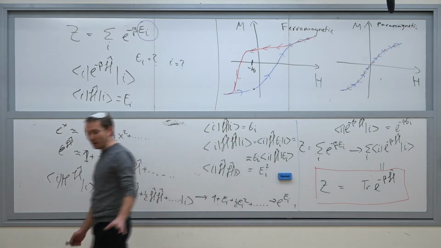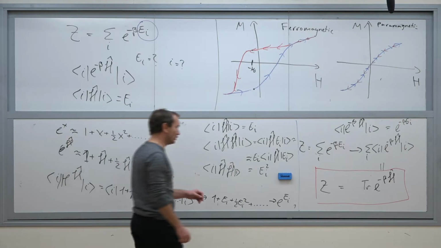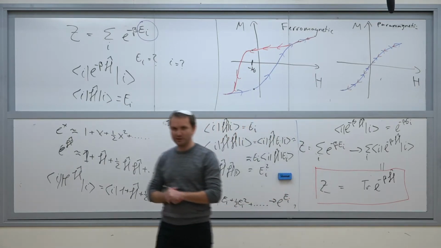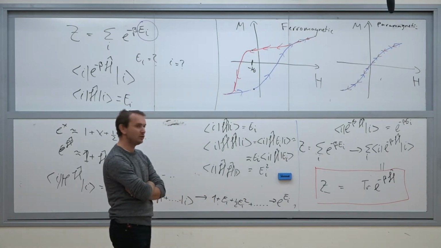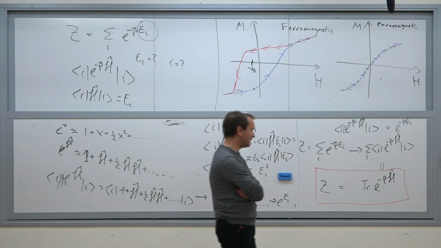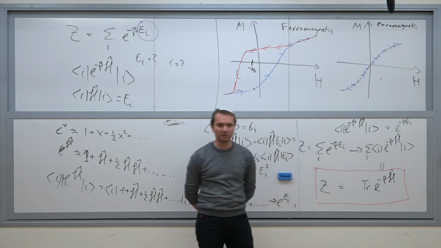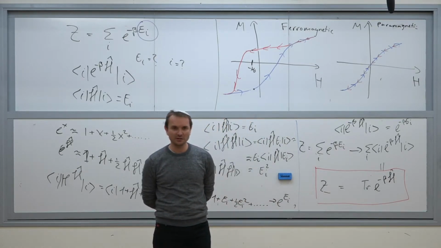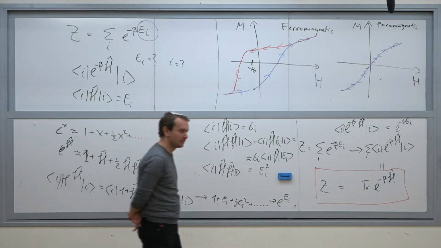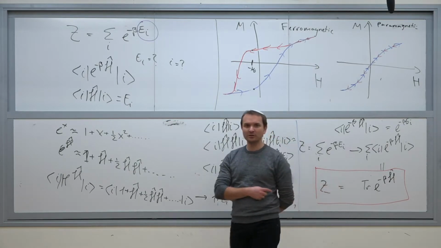So for each problem in statistical physics, in order to find the partition function Z, I need to define my Hamiltonian, define its eigenstates, and then take the trace over all the eigenstates of, not the Hamiltonian itself, the exponent of minus beta Hamiltonian.